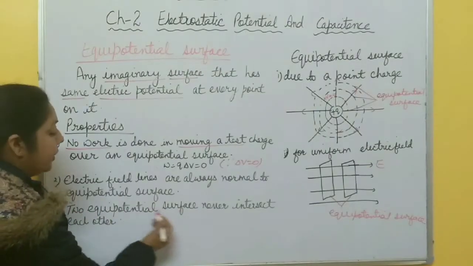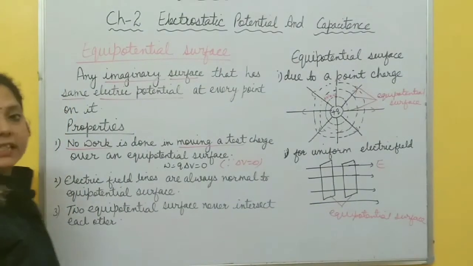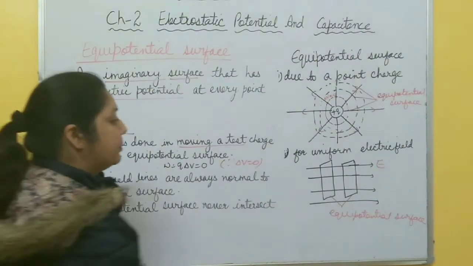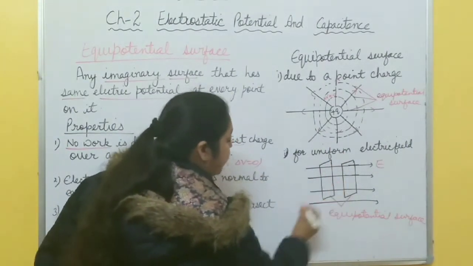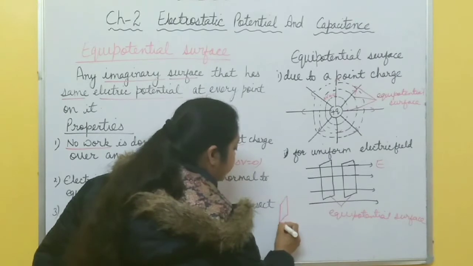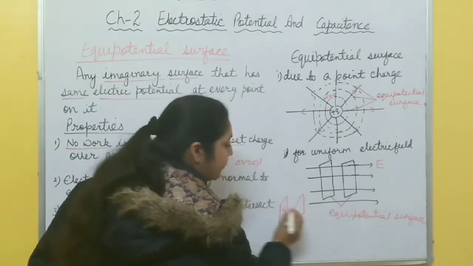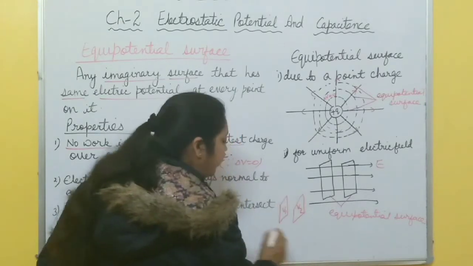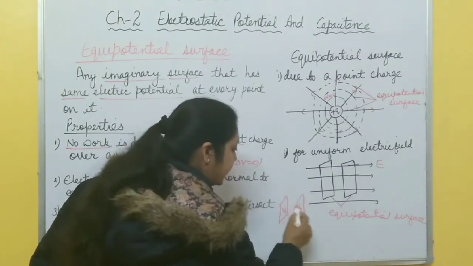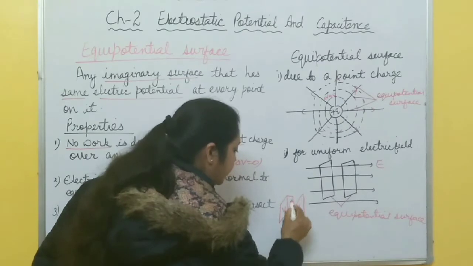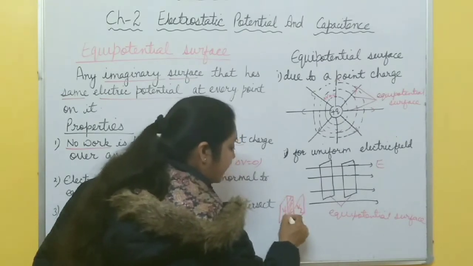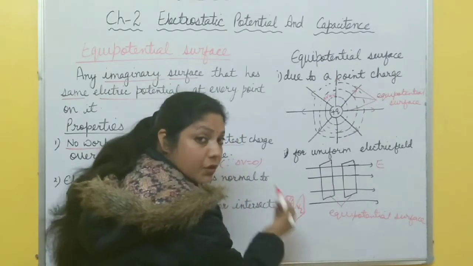Third, two equipotential surfaces never intersect each other. It means suppose there are two equipotential surfaces. This one is one surface and this one is another surface. This has potential V1 and the other surface has potential V2. If these two surfaces intersect, then at the point of intersection there would be two potentials, V1 and V2, which is not possible.